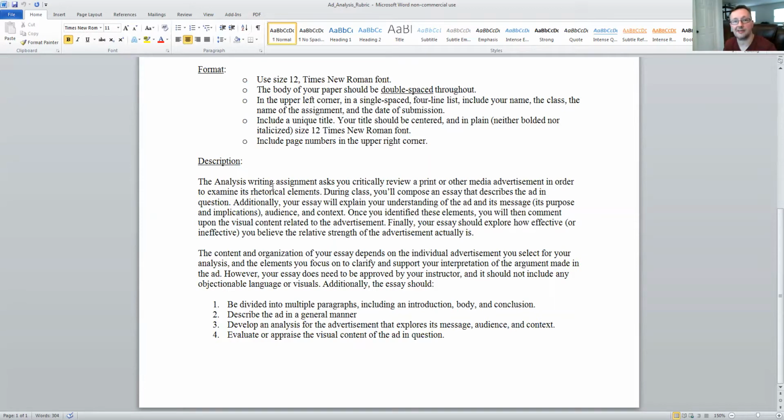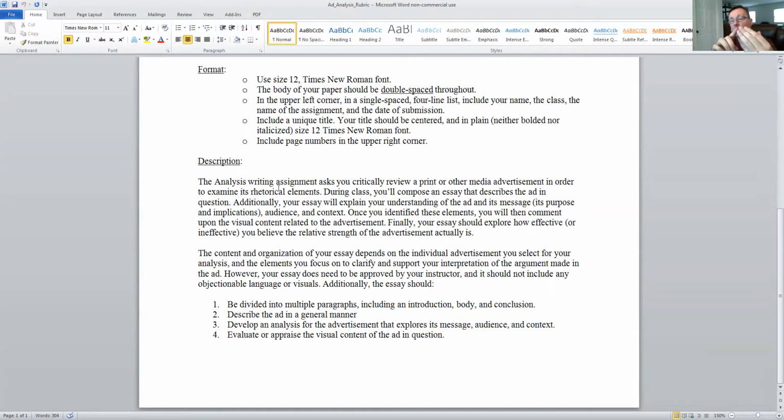Why does it exist? Give us some context for the ad. Who is its ideal audience? Number 3. Okay. Then once you've identified those elements, the context, the audience, and you create a description of the ad itself, I want you to comment on the visual content.